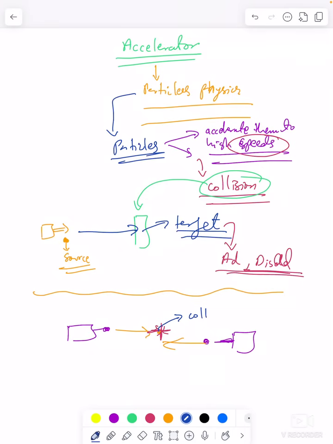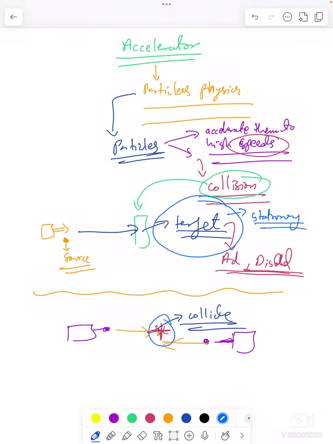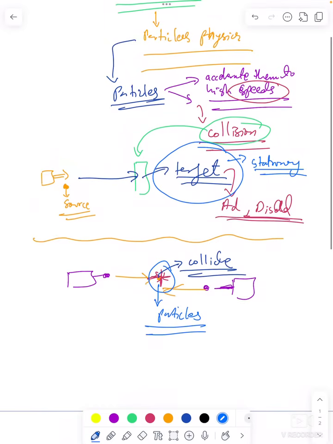Now the difference is that in the first one we have a stationary target to which a particle collides, but in this one we have two particles this time, which are both moving.